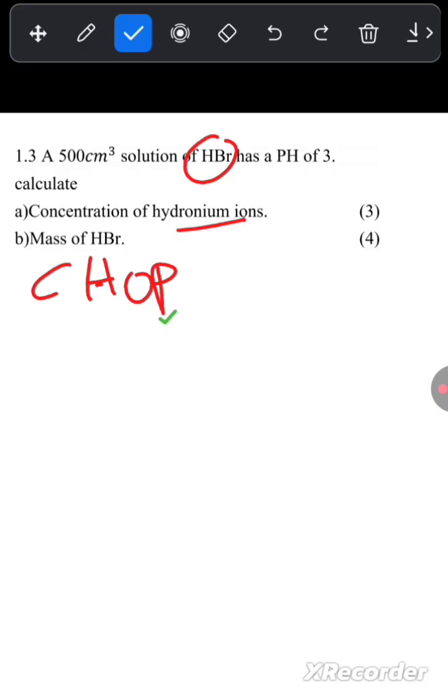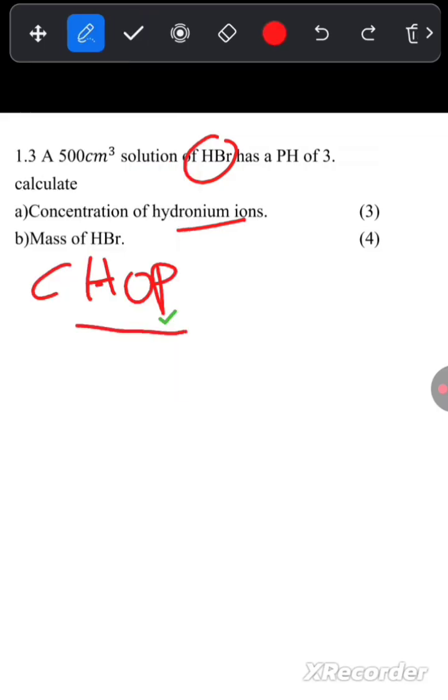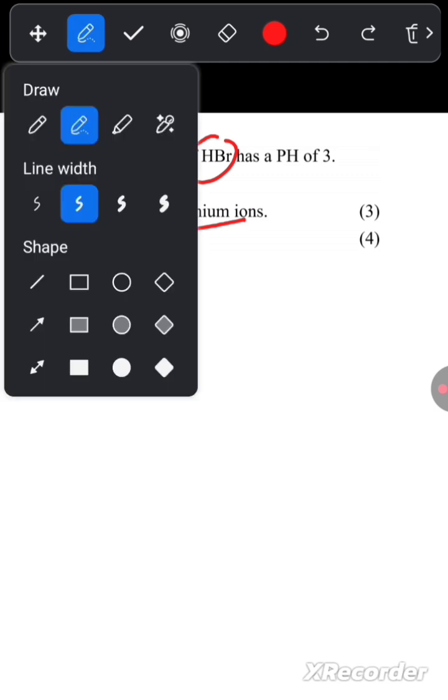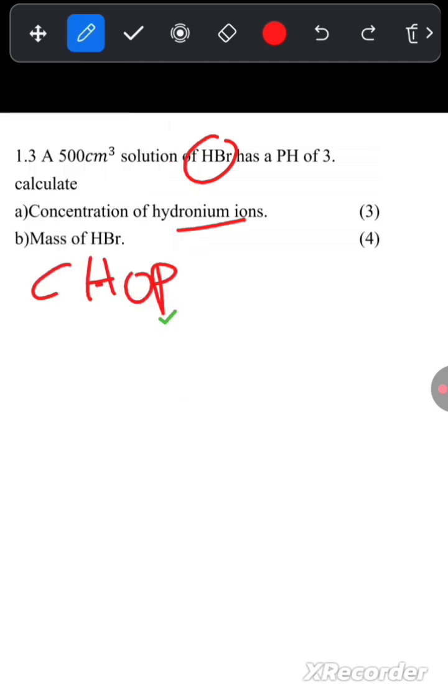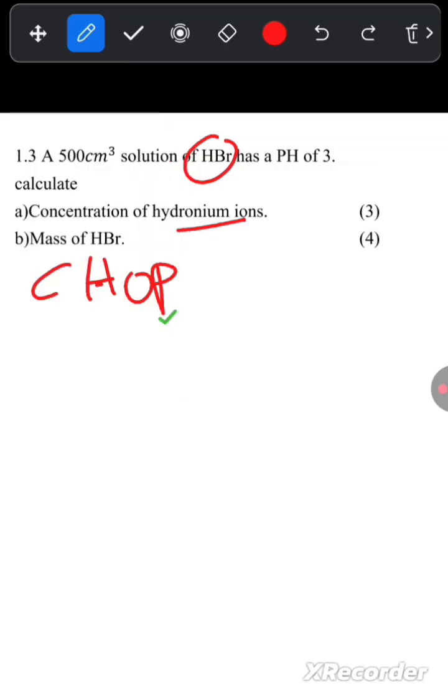But now we are already given the pH, meaning we are doing a reverse method. We are reversing until we get there, right? So we already have pH. So I now use the pH formula, which says the pH is equals to negative log concentration of hydronium ions.